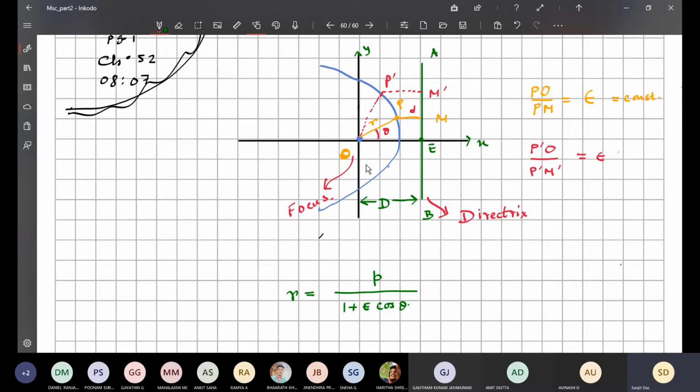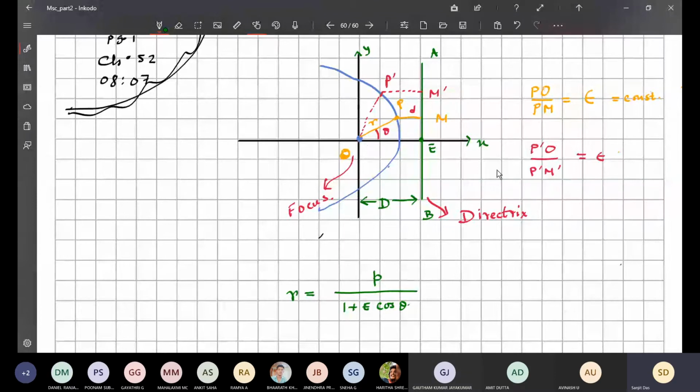Now, why should I bother to call it immediately the semi major axis or semi minor axis? See, this origin and the y-axis are intersecting at some point, isn't it? And similarly, the origin and the x-axis also intersect at some point, isn't it?